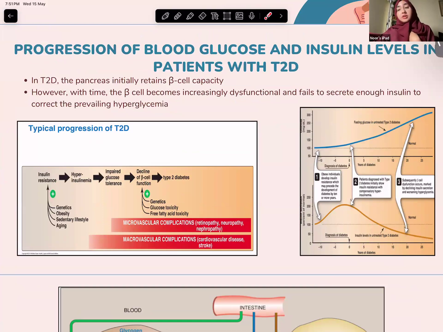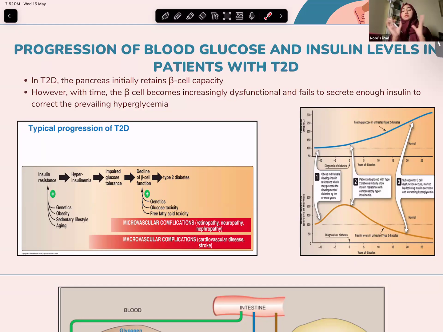Now talking about progression of blood glucose and insulin levels in patients with type 2 diabetes. In type 2 diabetes, the pancreas initially retains beta cell capacity. Remember I mentioned that you do have a pancreas, but it's not really producing the amount of insulin required by your body. But slowly and gradually, your beta cells become dysfunctional.